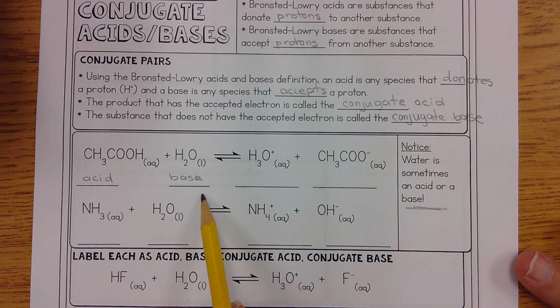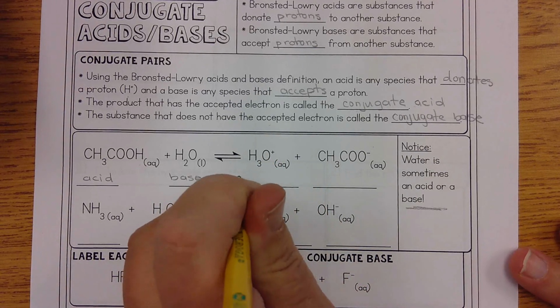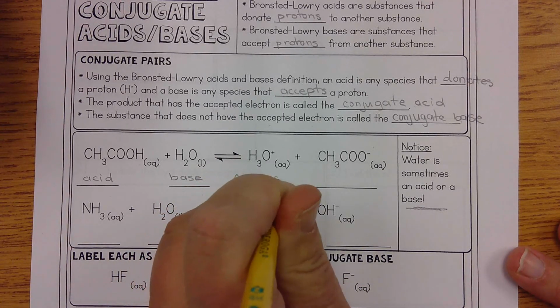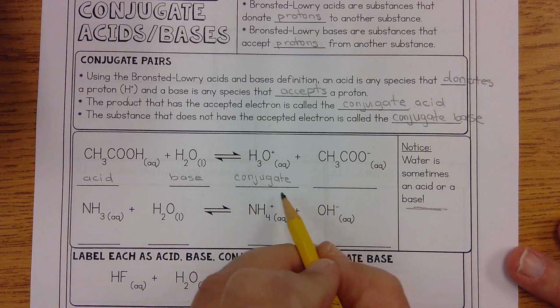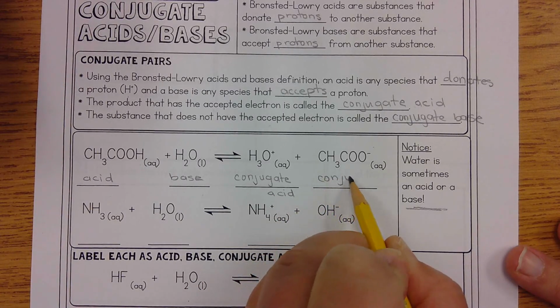We're mixing those two things together, and we get this hydronium ion. It is called the conjugate acid. And this is the conjugate base.